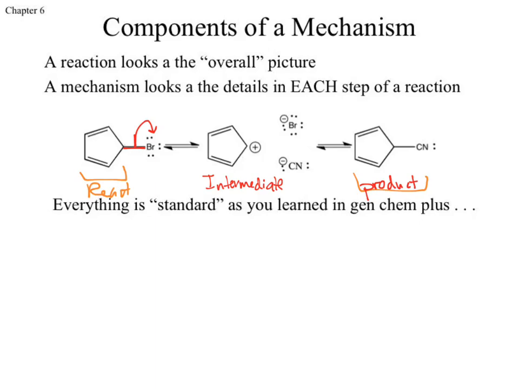So what we just explained here was the bromine becoming negative. Okay, well, how did the bromine become negative? It gained electrons. It took electrons from where? That bond. Where did the electrons come from originally to make that bond? One came from the carbon, one came from the bromine.